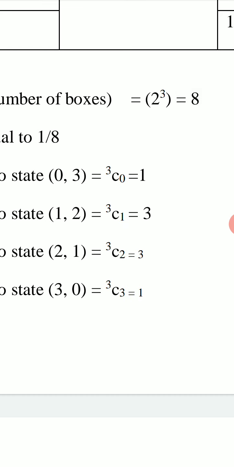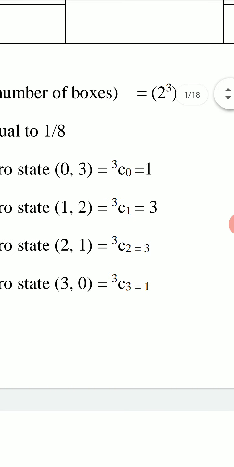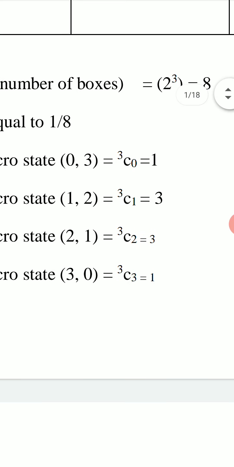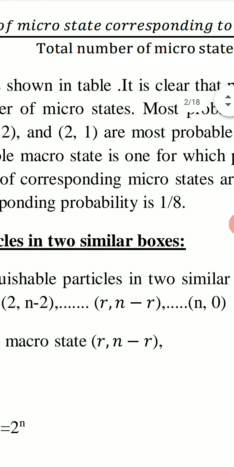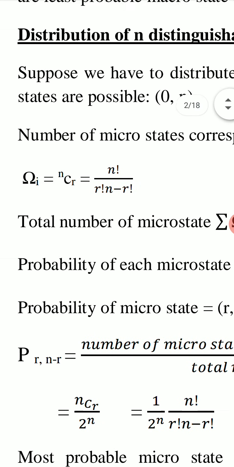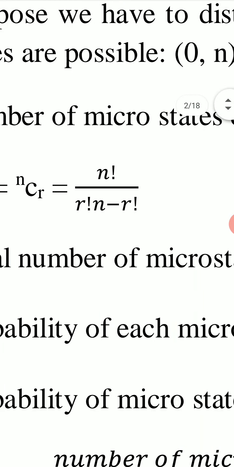So for macrostate 0 3, the number of microstates will be given by this formula 3C0. 3 is the total number of particles, 0 is the number of particles in the first box, and 3C0 can be calculated from the formula nCr, which is factorial n upon factorial r into factorial n minus r.